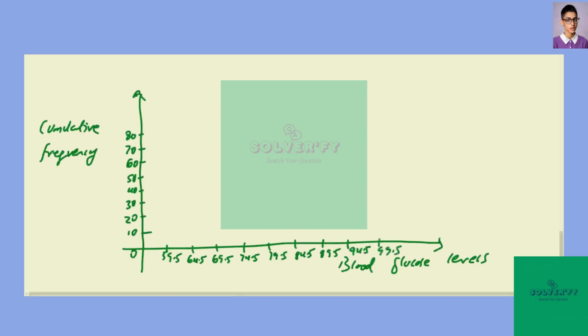And then we have the accumulation. We have 2 at 64.5. We could start at the beginning. We have 2 here. And then we have 3 at 69.5.